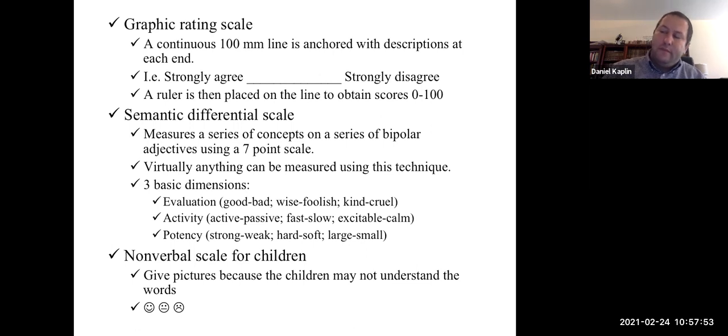So here I am. I get no royalties, but my prop, Starbucks coffee. You could evaluate Starbucks coffee using these 3 basic dimensions. I would ask you to rate Starbucks coffee based on whether you think it's good or bad, right?